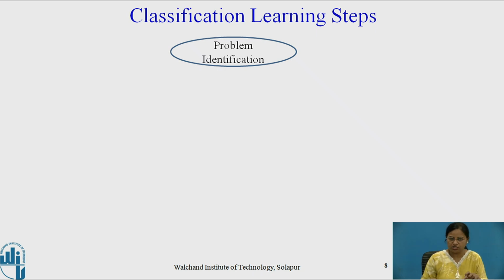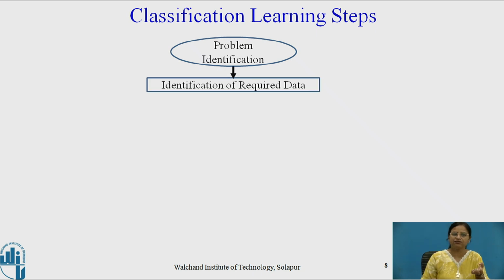Identify such a problem. Once you identify the problem, there is a need to identify the required data. The required data is on the basis of the problem which you identified. You need to gather the data from multiple sources which will define your problem precisely.